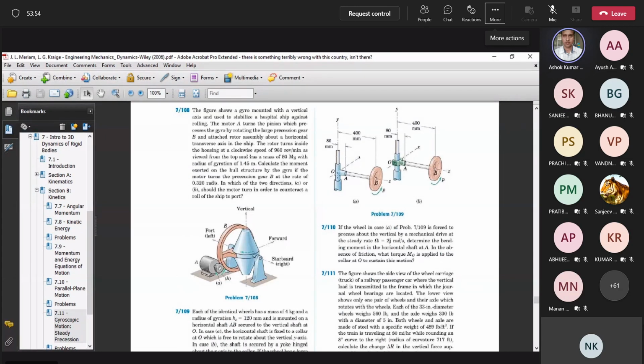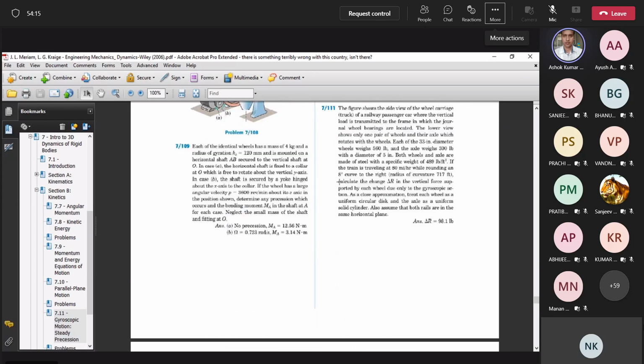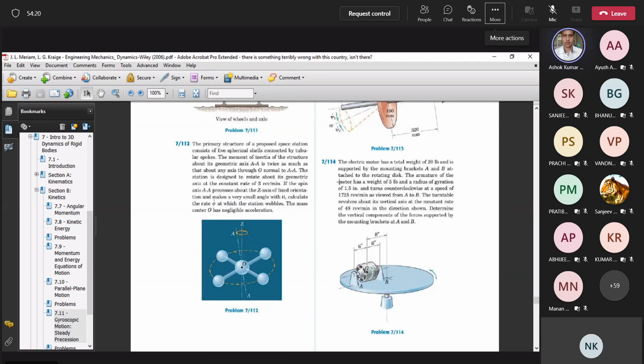Here you see at this point this axis is fixed. But there is another problem where this axis can rotate freely in this direction. What is the difference between them? It's a very important conceptual problem. You can see these problems and try solving.